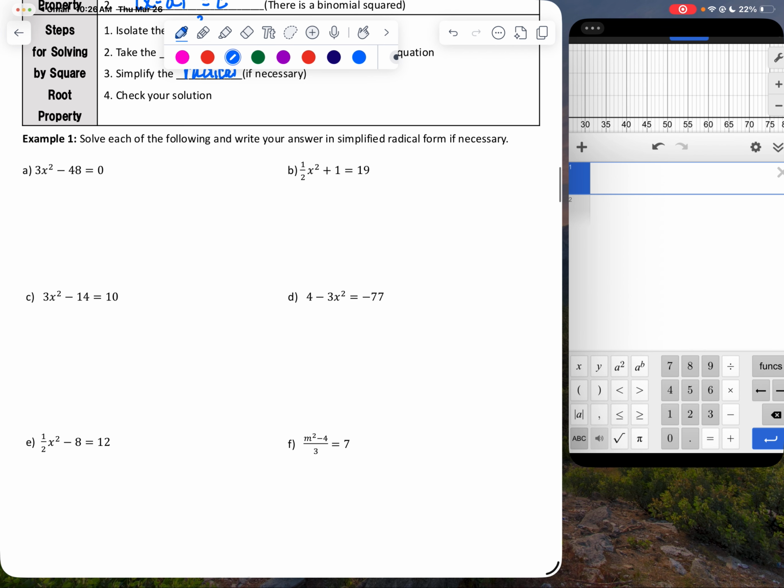So in problem A, we have 3x squared minus 48 is equal to 0. We can use the square root property on this problem because there's no bx term. So step 1, isolate the x squared. We'll add 48 to both sides.